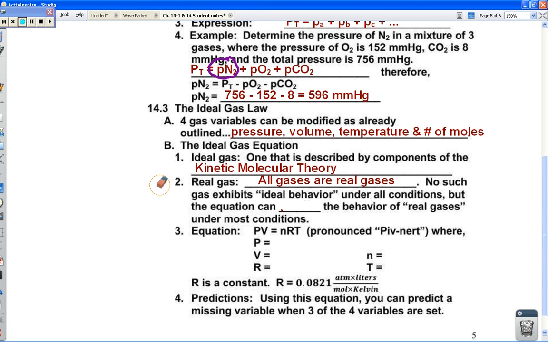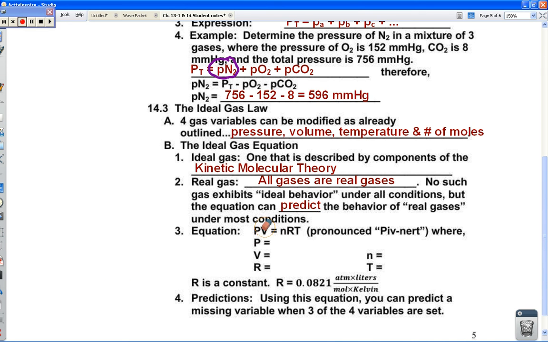We can actually make liquid helium at a really, really low temperature, and you shouldn't be able to make a liquid out of an ideal gas. It would just stay a gas no matter how cold you get it. No such gas exhibits ideal behavior under all conditions, but the equation can predict the behavior of real gases under most conditions. So, this is our equation.